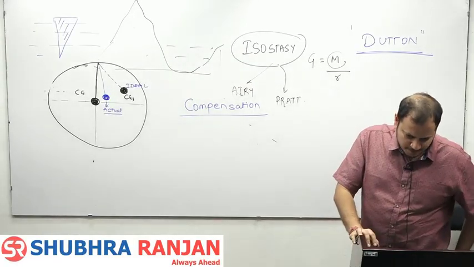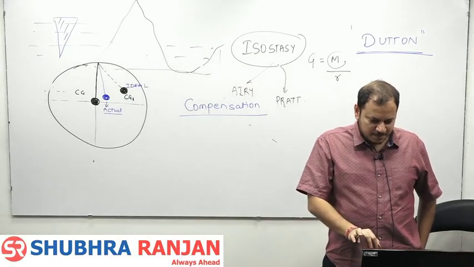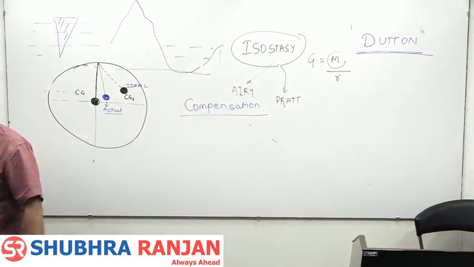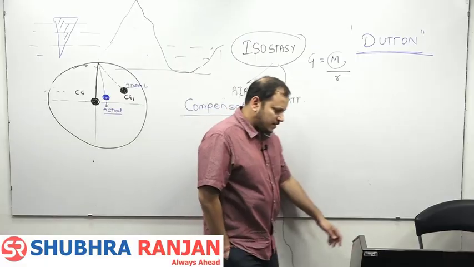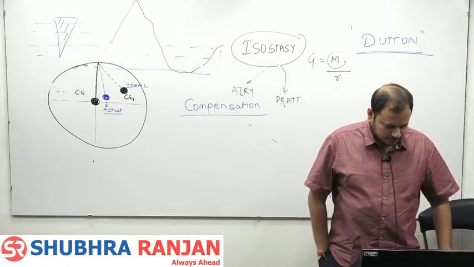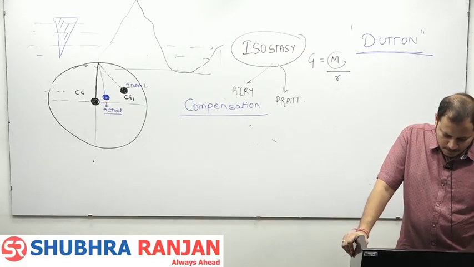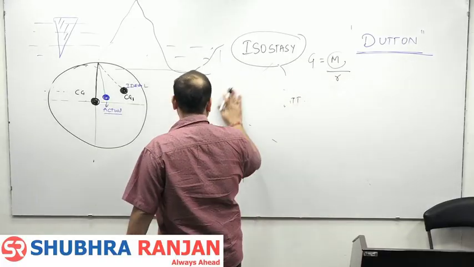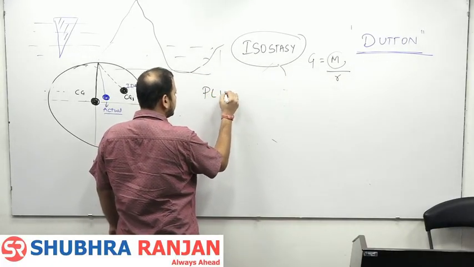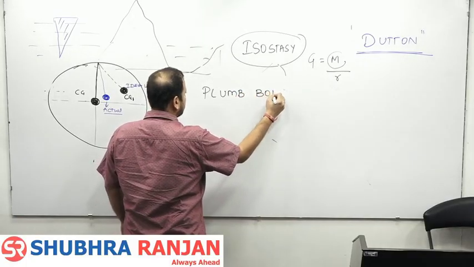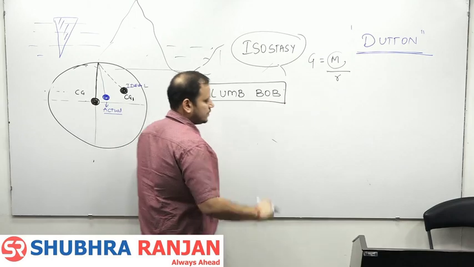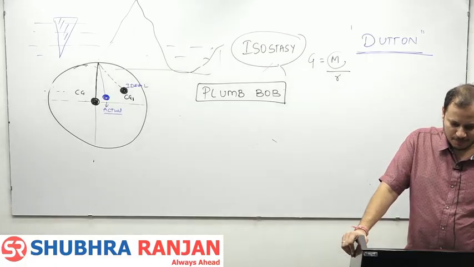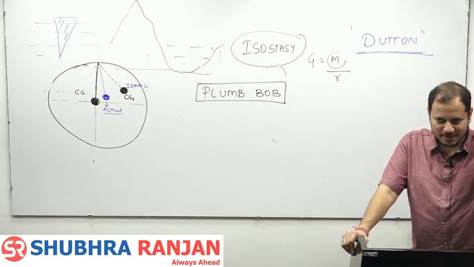So all the land masses have mass and exert the gravitational force. And because of the gravitational force, they influence the plumb bob. जो इंस्ट्रूमेंट का नाम मैं कह रहा था, that is the plumb bob.